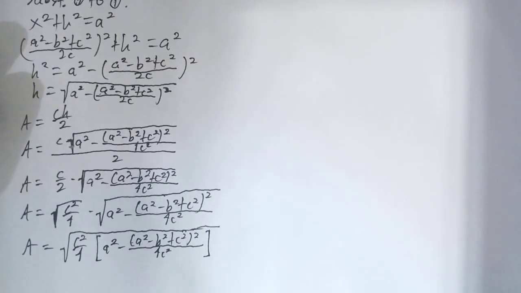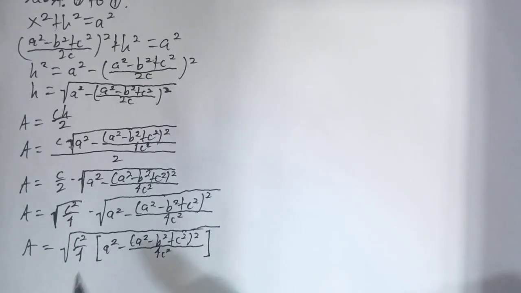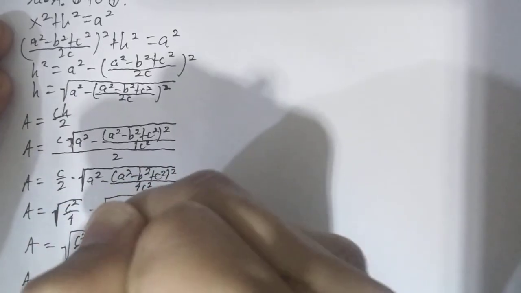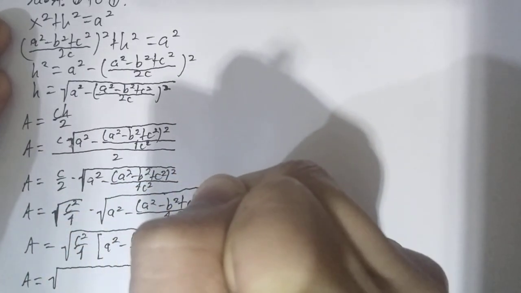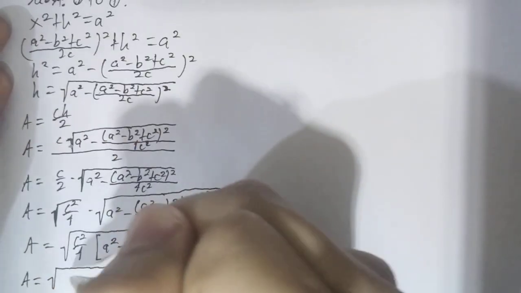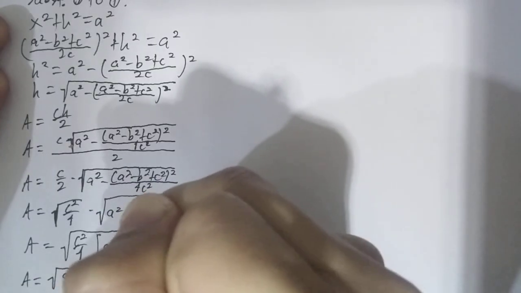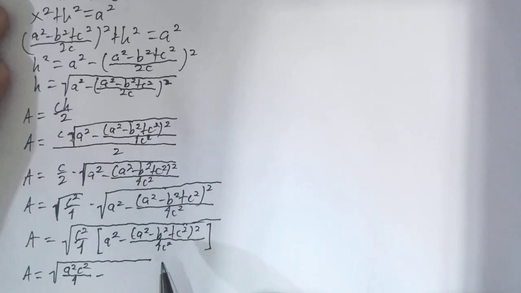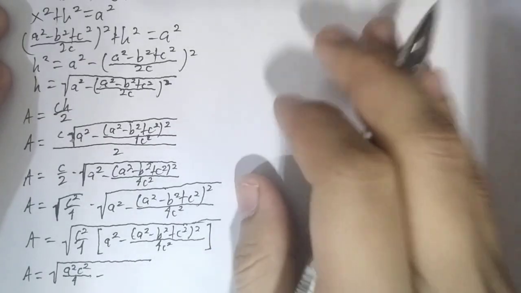Now, next, what we would do is distribute c squared over 4, right? So we would see that the area of the triangle is equal to the square root of, this will become a squared c squared over 4, minus. Now, if you notice, there's a c squared present in the denominator, so that would cancel out.